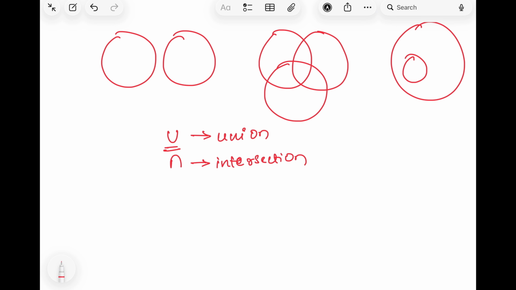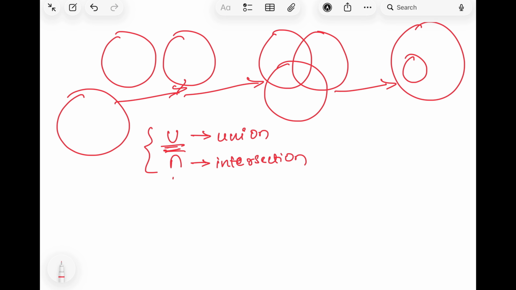Now these 2 symbols are only used when there are 2 or more Venn diagrams. In a single set, you cannot apply either union or intersection. Anything cannot be applied. So when we have more than one set, we use union and intersection.